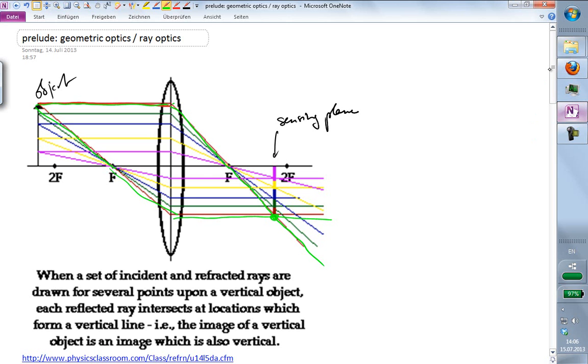Now let's look at what's happening if an object is out of focus. I could either move the object and keep the sensing plane, but in this picture here it will be easier for me to just move the sensing plane. So let's say the sensing plane is now at this location here.